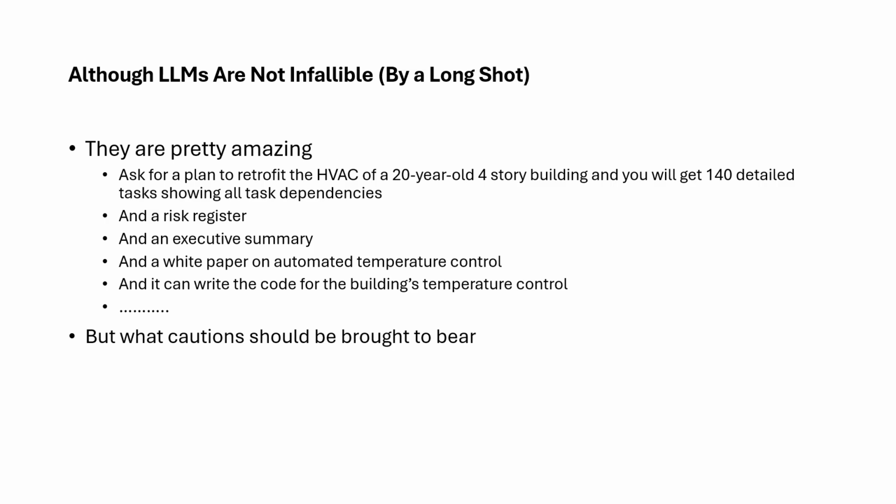So they're not infallible, but let's face it, they are amazing. And as you've been using them, you probably realize that amazing nature they have to come up with coherent outputs to whatever prompt you put in. But since they're not infallible, what caution should be brought to bear?